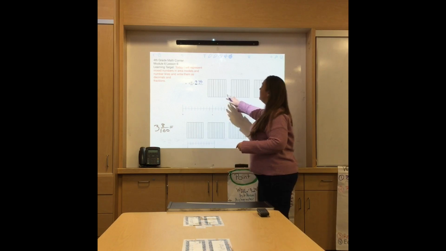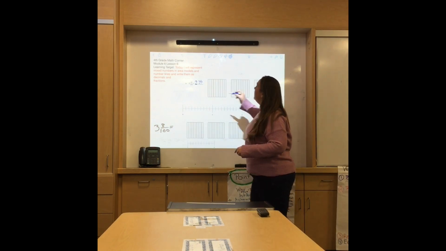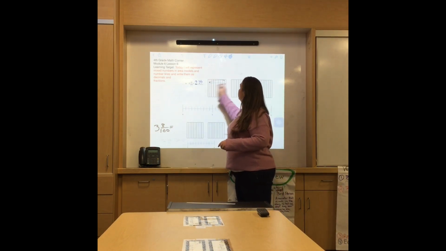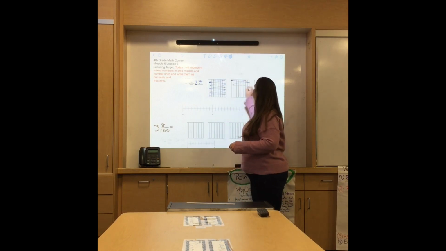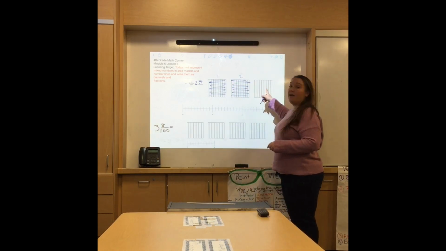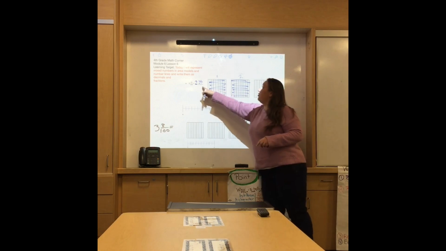I need to represent this on an area model as well. I know that I have 2 wholes. Here's 1, 2. Then I have another whole for my 35 hundredths.